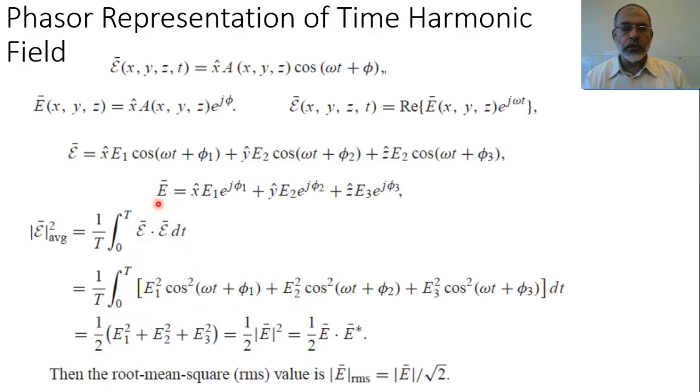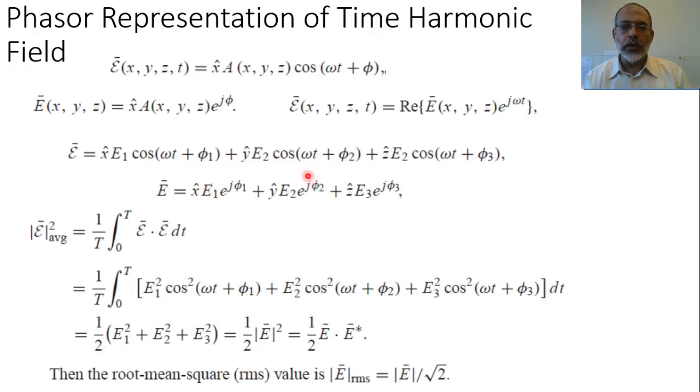If I'm talking about the phasor quantity E dot E conjugate, it would be E1 squared, because the conjugate means that the imaginary part is interchanged: E1 multiplied by e to the power j phi 1, multiplied by E1 multiplied by e to the power minus j phi 1. So e to the power j phi 1 multiplied by e to the power minus j phi 1 would be unity. The remaining part would be E1 squared.